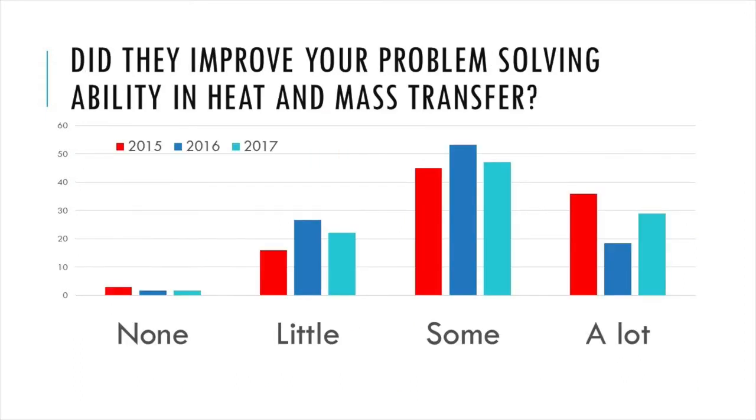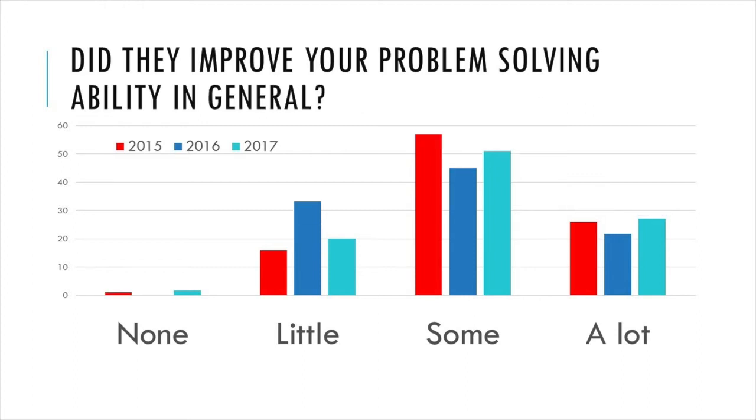So again, we have some data on students' self-assessment of problem-solving ability. What you see here is that over 80% felt that it improved their problem-solving ability in heat and mass transfer. But the next one is even more interesting.